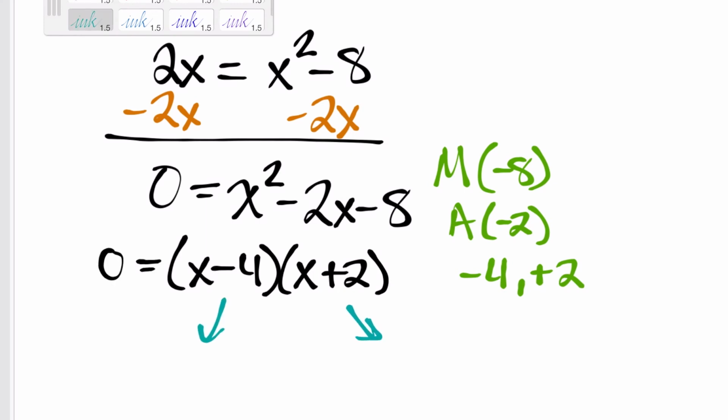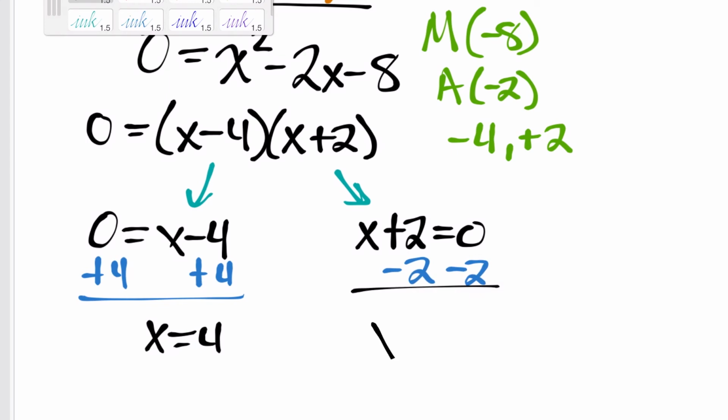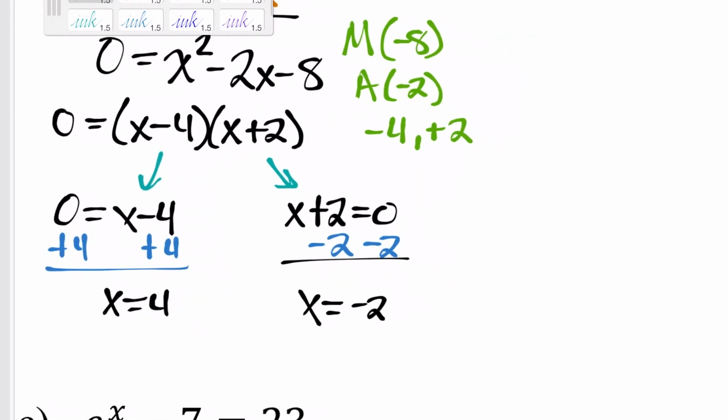Last, I'm going to set these equal to 0 because of the zero product property. And I end up with 2 solutions, one being 4 and the other one being -2.